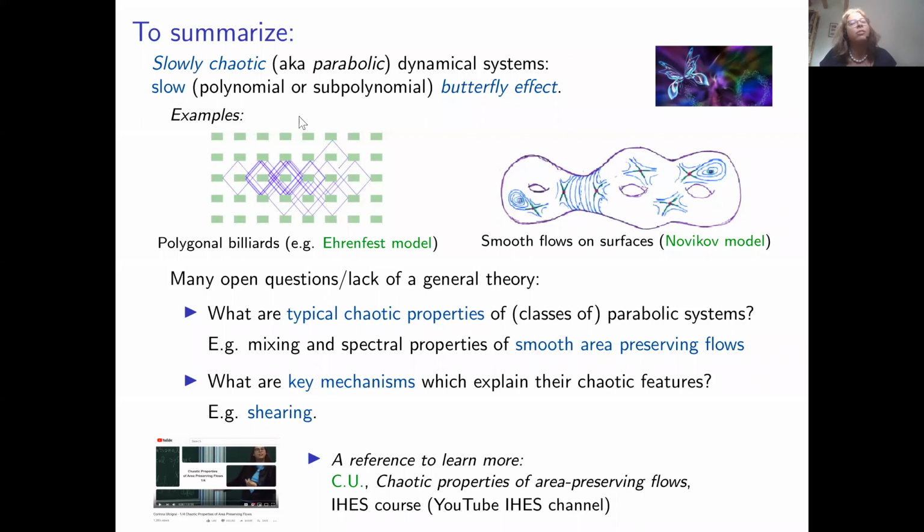I'm not familiar with exactly what they define as slow chaos, but I suspect yes. I cannot tell you on the spot what their definition is, but slow chaos, weak chaos, whatever you want to call it, is related to spreading of nearby orbits which is sub-exponential. And again, I was mentioning the definition of slow entropy that was made rigorous by several authors, and there is a lot of research on proving what the slow entropy of some of these examples is.